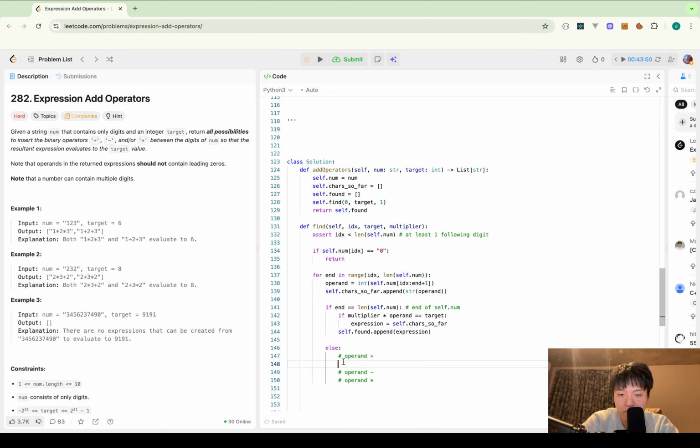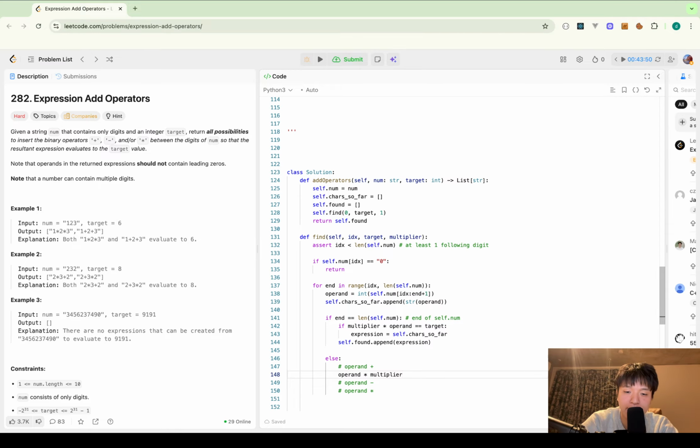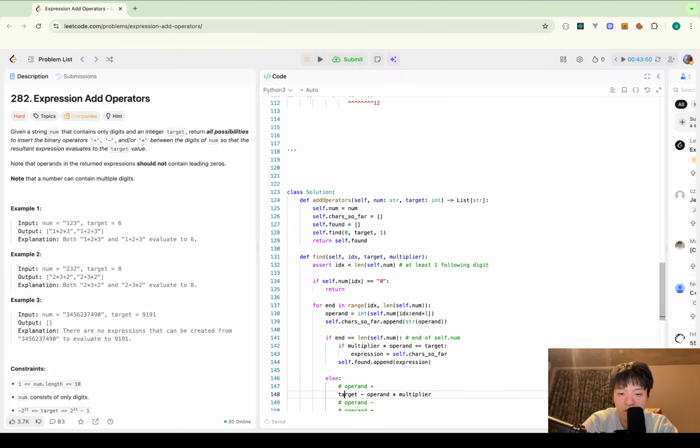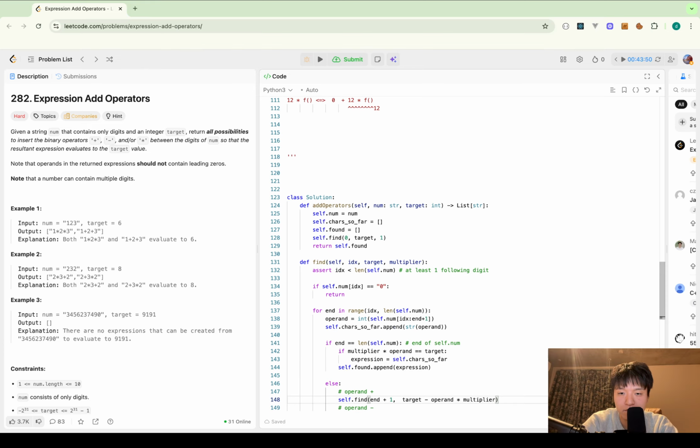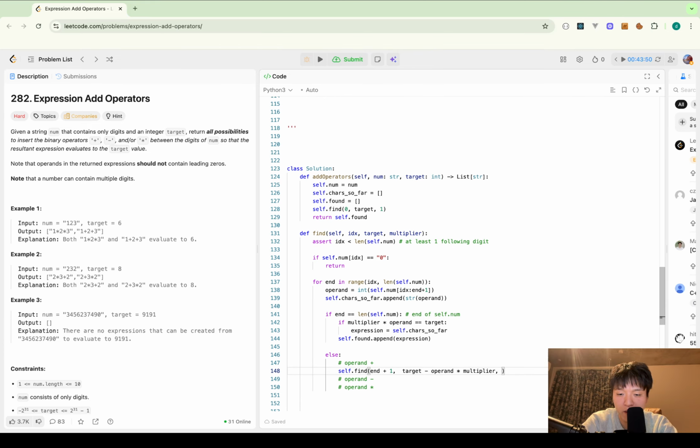This operand is actually evaluated at this. So my task is to create target minus this one. I try to create this with N plus 1. And because I choose plus, the multiplier should be plus 1.